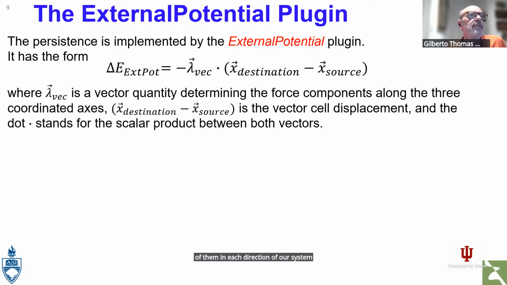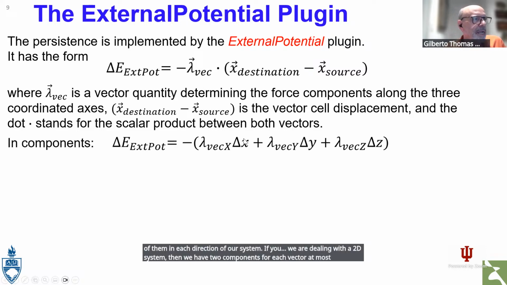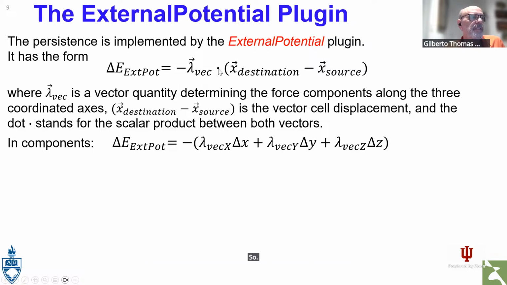If we are dealing with a 2D system, then we have two components for each vector at most. So expanding this scalar product, we have this expression here. Suppose that we are dealing with three dimensions, with this complete form.